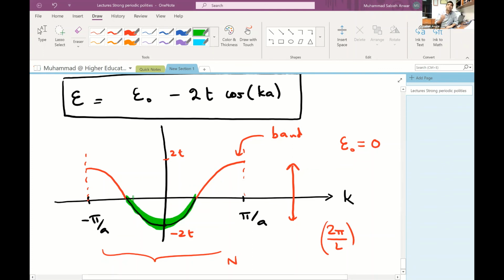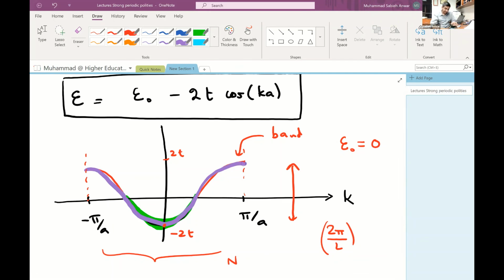And we'll have a metal because the other half of this band is unoccupied. If each atom, still one orbital, contributes 2 electrons, then the entire band will be occupied and we'll have an insulator. But how can we get multiple bands in this fashion?